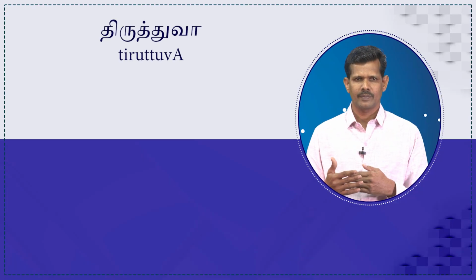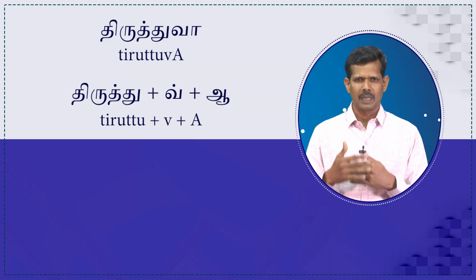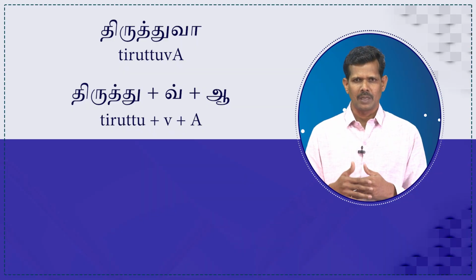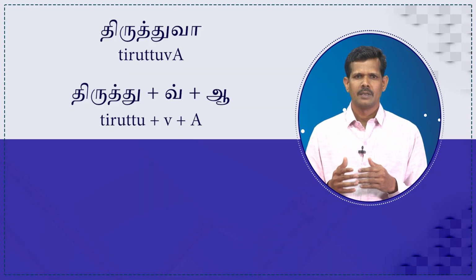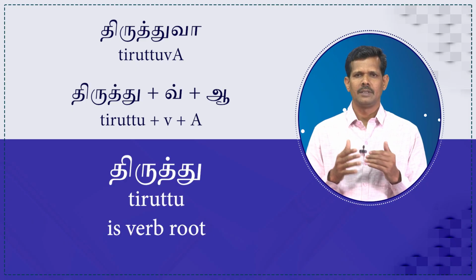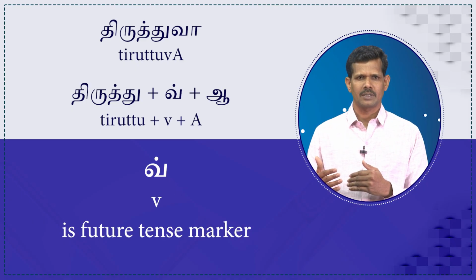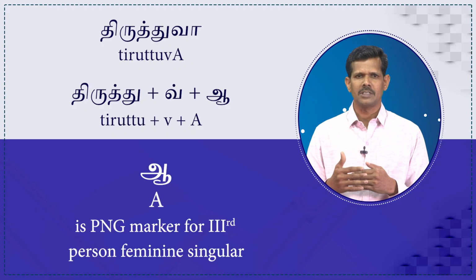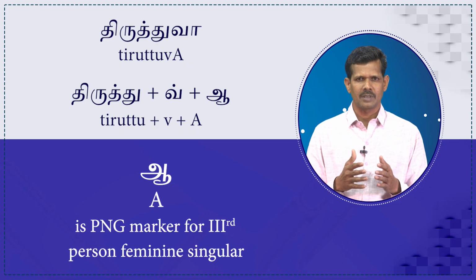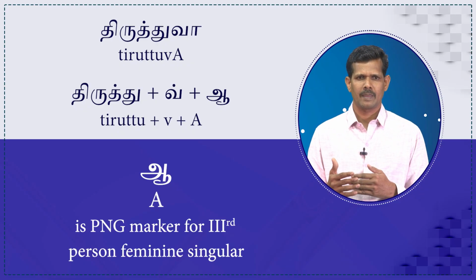We will see the next example திருத்துவா. It is segmented as திருத்து plus u plus a. Here, திருத்து is verb root. U is future tense marker. A is PNG marker for third person feminine singular.